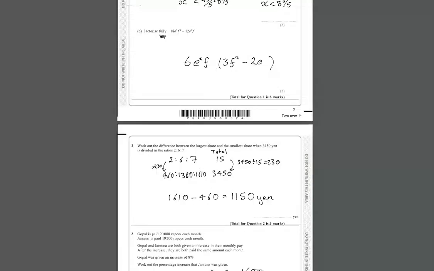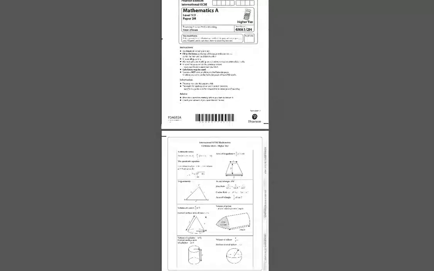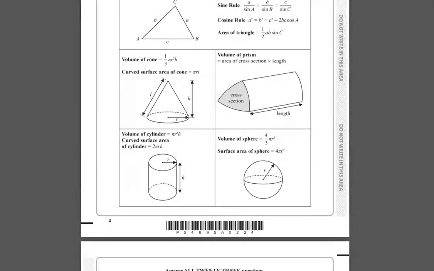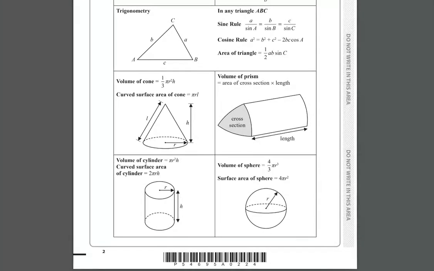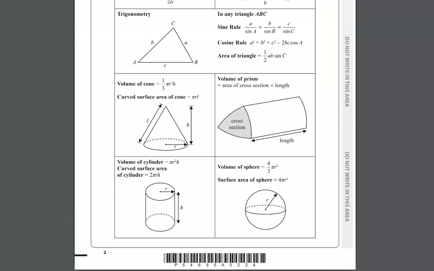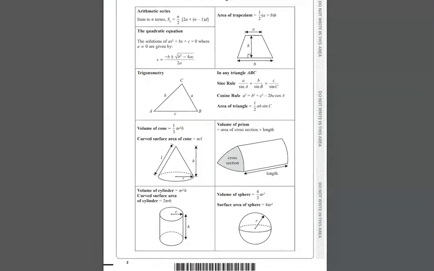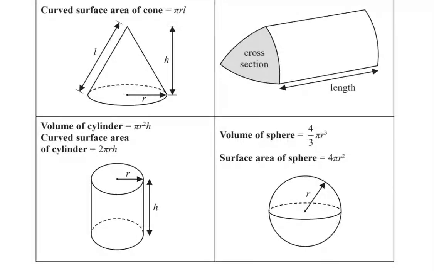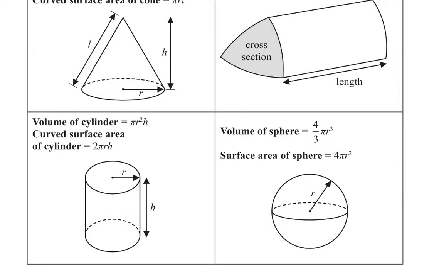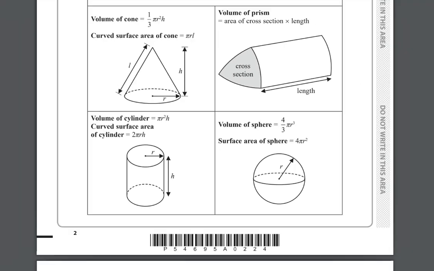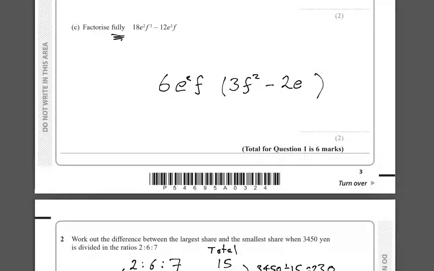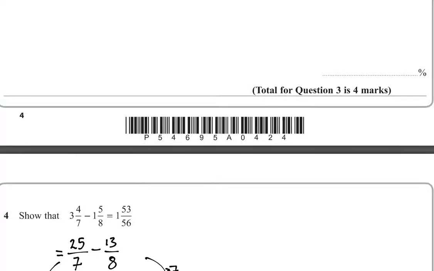So we'll go back to the beginning of the paper, just remind ourselves and show ourselves what we get given. So here we get given volume. There you go, volume of a sphere is 4/3 times pi times r cubed. Okay, so let's go back to our question.